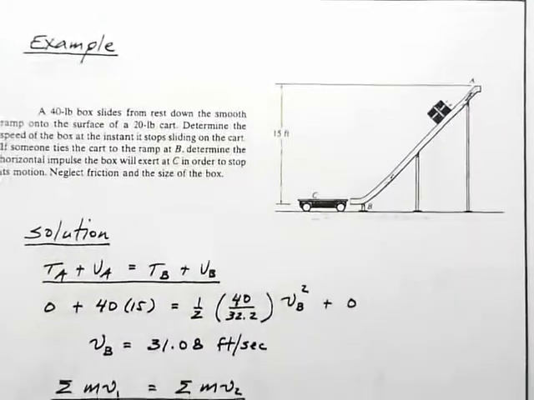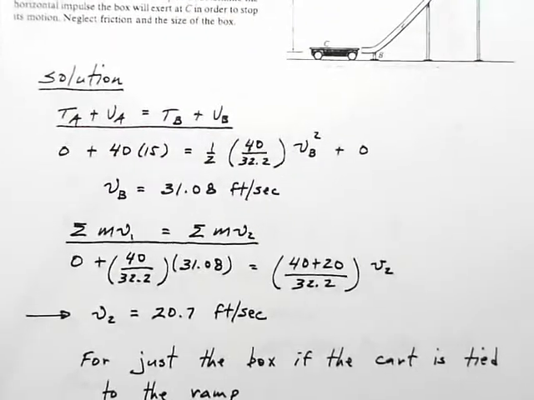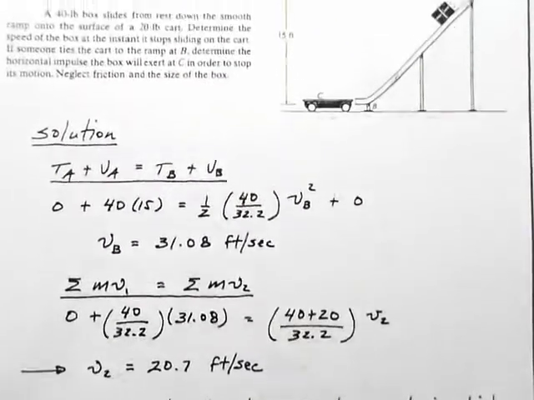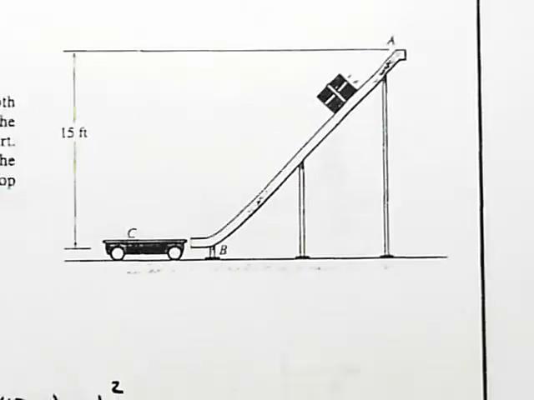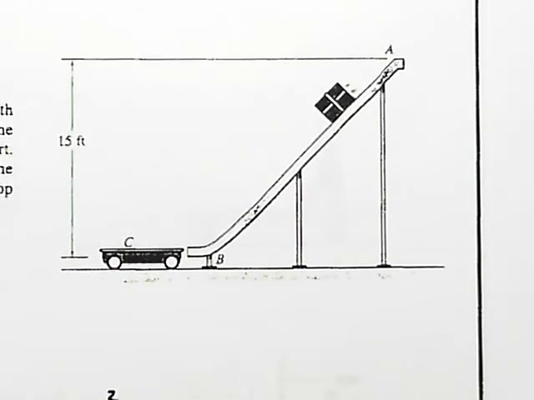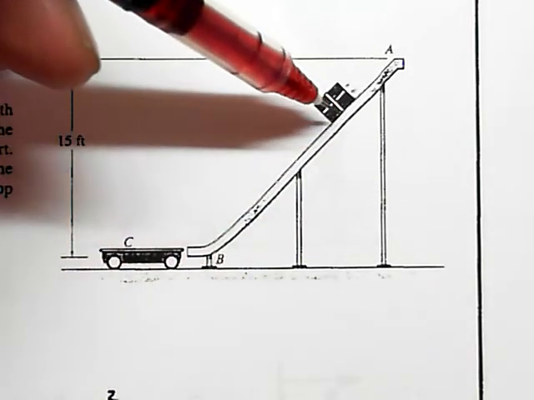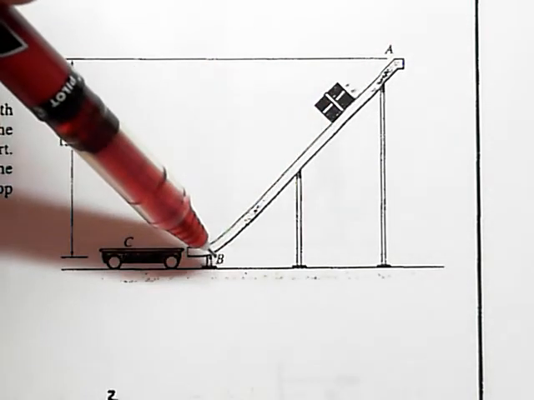This is a busy little problem because we're asking for a few things. Let's zoom in, get this right. What we have is a block on a slant.